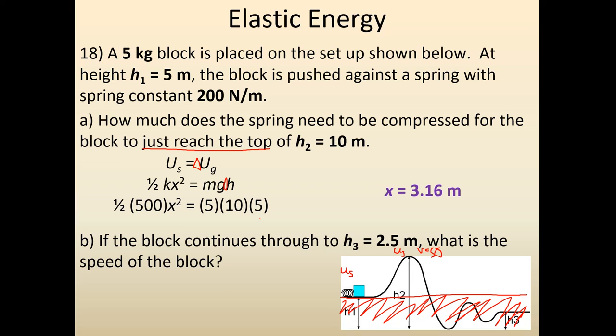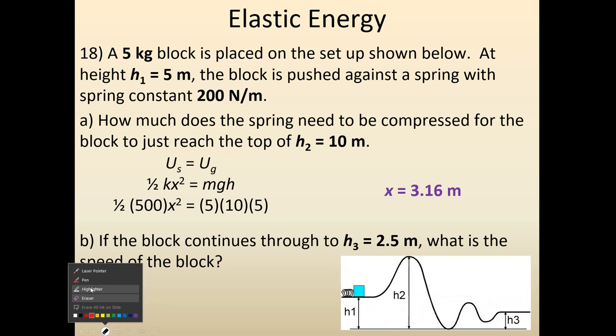Now here's the really nice thing. If you didn't like the way I just did this, what you could have done was actually do UG plus US, where you actually do take into account the height relative to the ground. Then up here, you'd have UG. And you would find that you'd still get the same answer when you set it up.